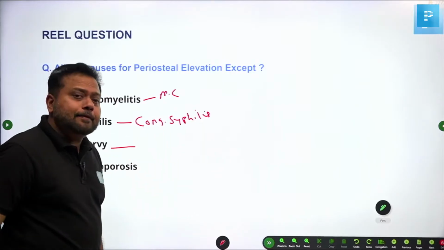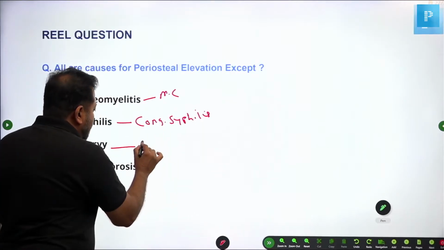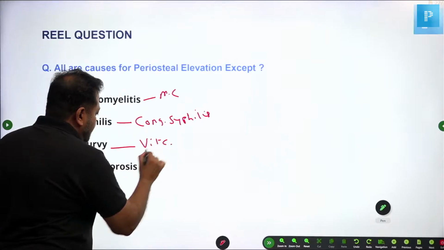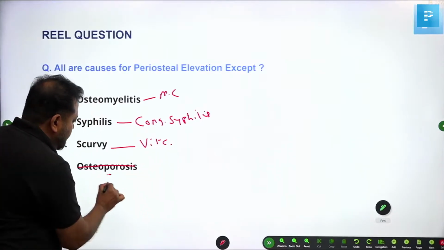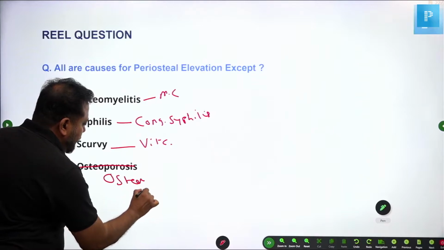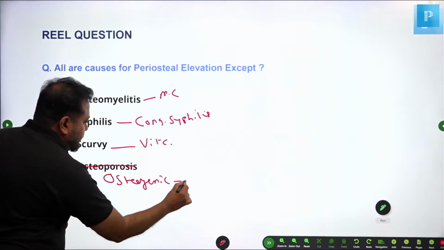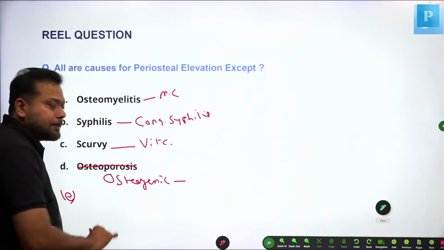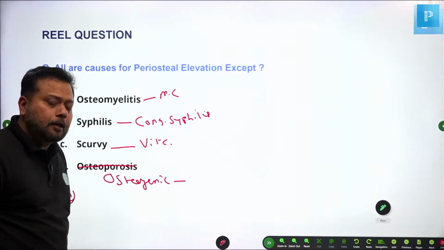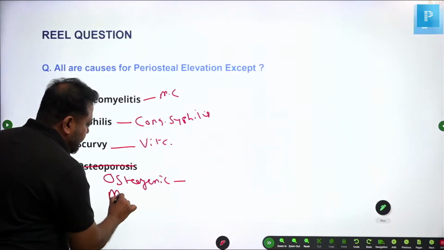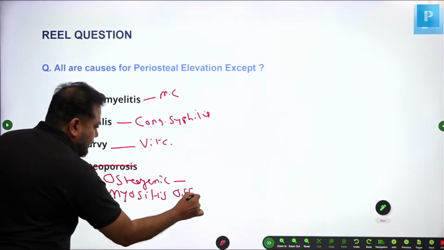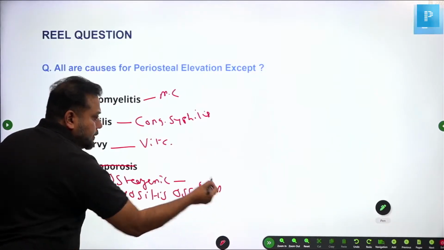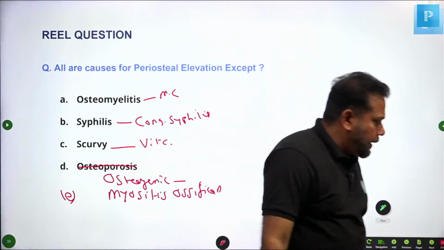Then vitamin C deficiency. Instead of osteoporosis, it should be osteogenic sarcoma, a very important cause. Then last but not the least, one should not forget myositis ossificans. These are the conditions that cause periosteal elevation.